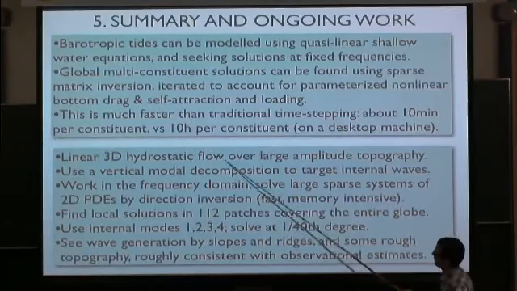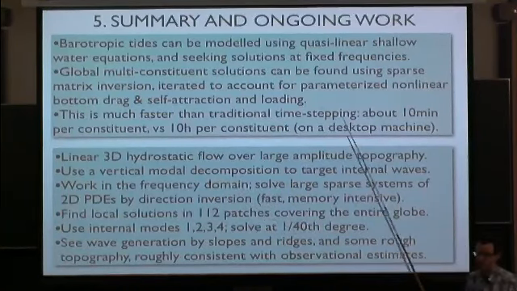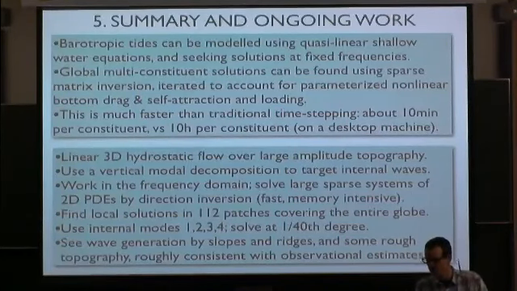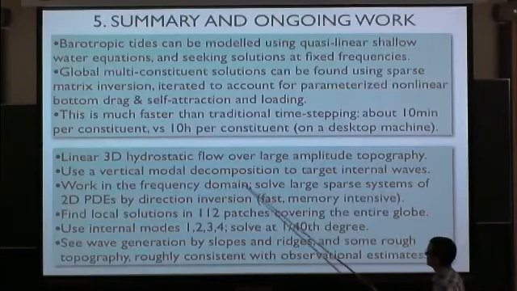I've also shown you an internal tide model, which is based upon a modal decomposition. The point of that is it targets the internal waves. You just have 1 degree of freedom, and it gives you the full vertical structure of the internal waves. So you don't need multiple layers to resolve an internal wave. Again, if you work in the frequency domain, then you get down to sparse matrix systems to be solved.